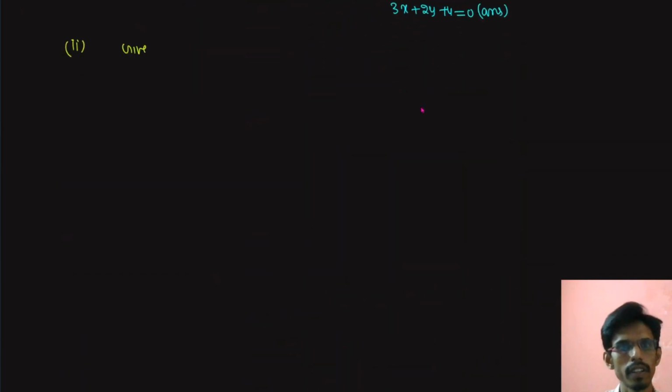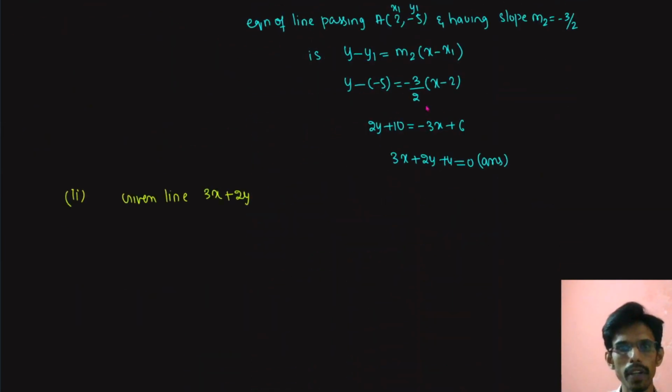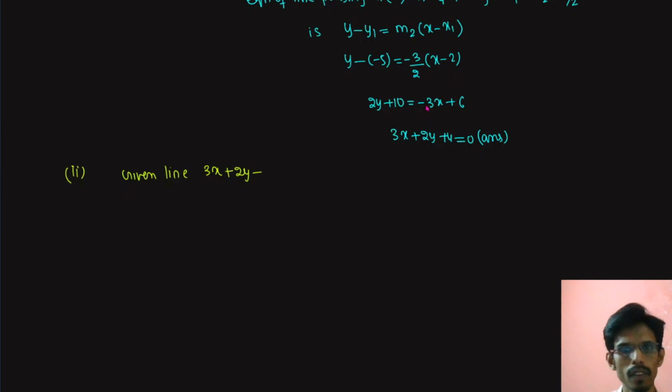Here we have the given line 3x + 2y - 4 = 0. Let us take it as equation 1. Now I want the perpendicular line.